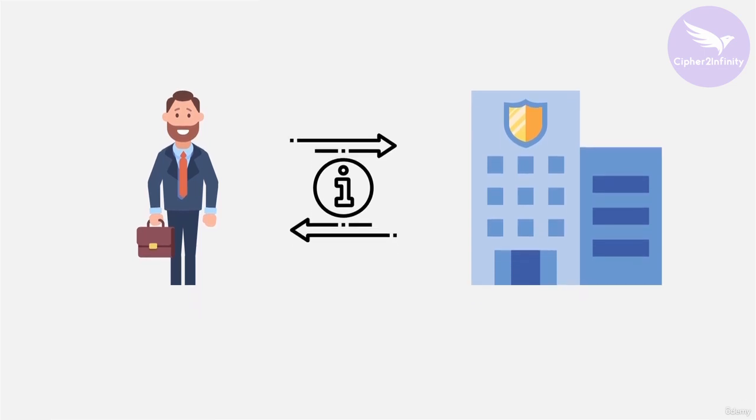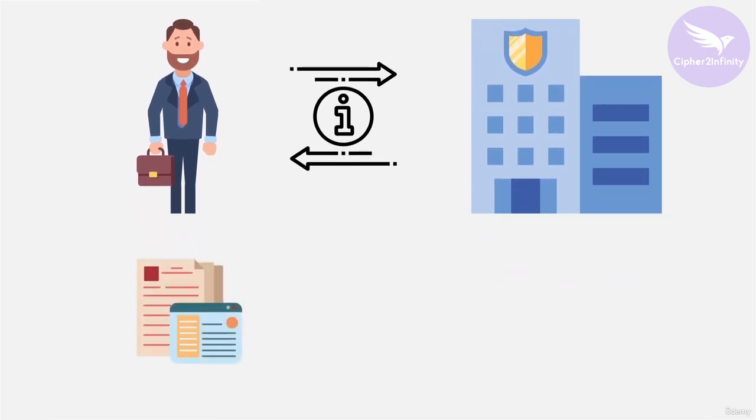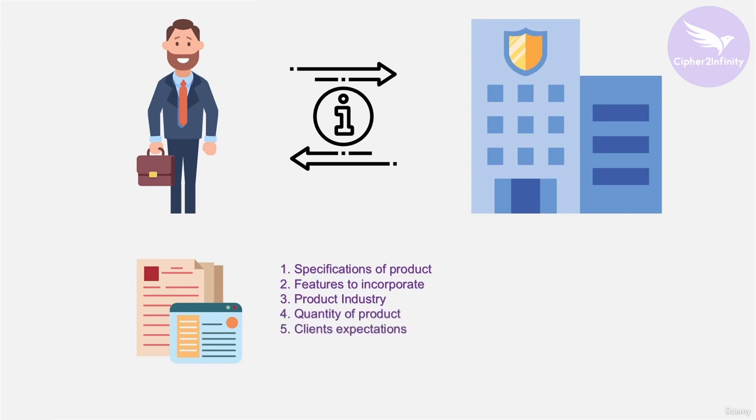This information is nothing but a document in which everything related to the product will be written. For example, the specifications of the product, then the different features that the client wants to incorporate in the product, then the industry in which the product will be deployed, then the quantity of the product, the expectations of the client from the company, the expected duration of delivery, and in the end, all the deliverables.